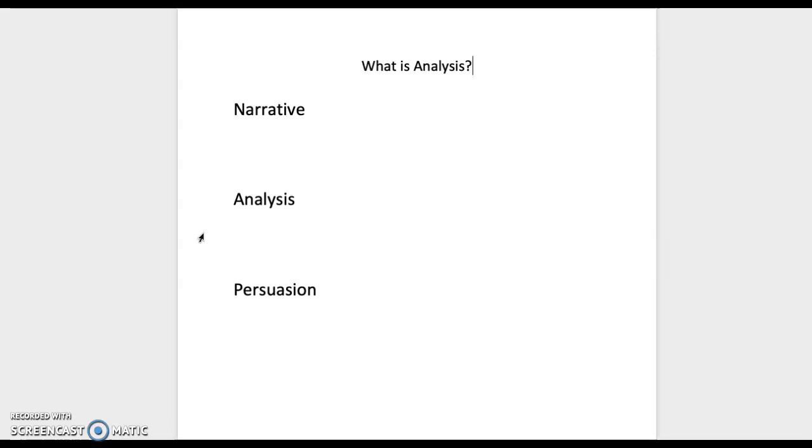So, if you were going to analyze the COVID-19 crisis, maybe you would talk about how President Trump is dealing with the crisis. You would talk about the way that it's impacted the Philadelphia community. And maybe you'd talk about how it relates to education at CCP, how it's impacted CCP education. Notice that you're not necessarily giving your opinions in an analysis paper.